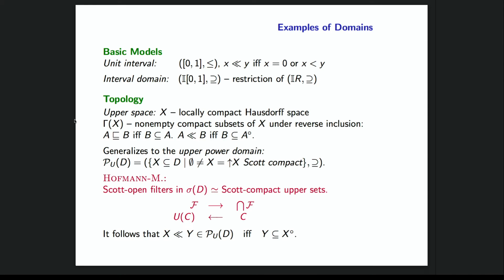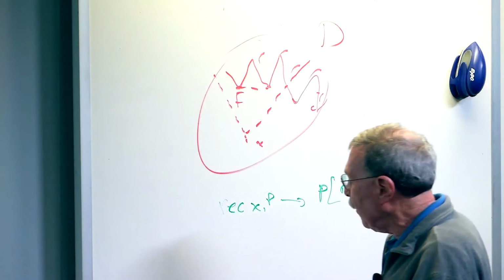And it's the same theorem from topology that tells you this is directed complete, because you know that theorem that says if you have a filter basis of compact non-empty sets whose intersection is in an open set, one of them is in the open set. In fact, this generalizes directly to what's called the upper power domain in a domain. You look at the non-empty upper sets that are compact in the Scott topology. Examples, these upper sets of finite sets that I already talked about.